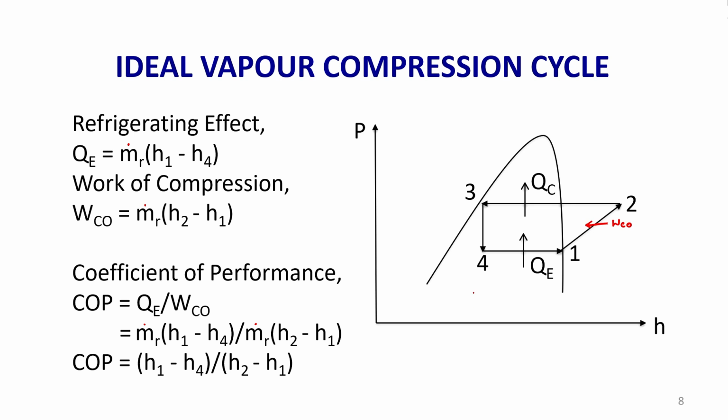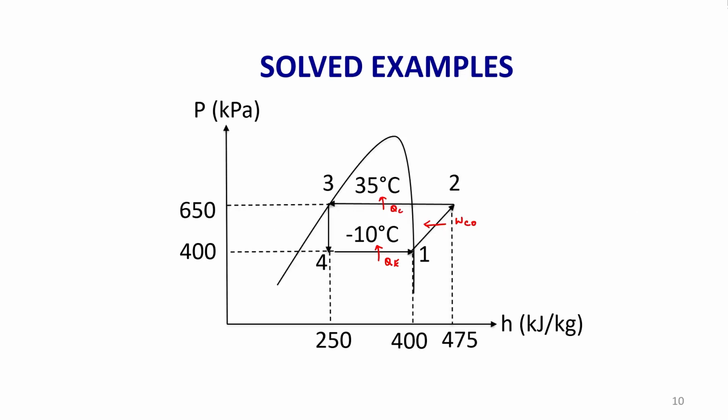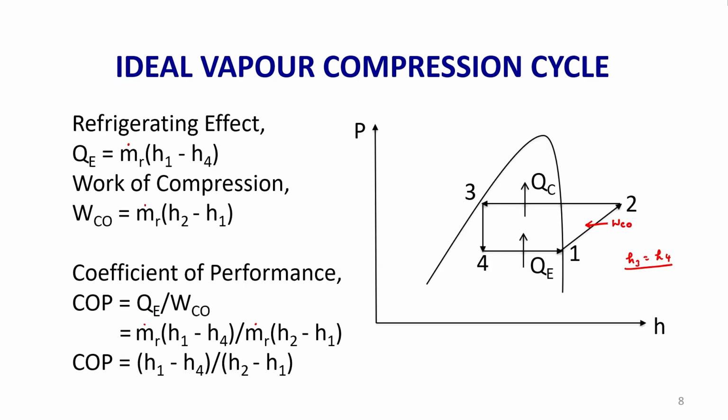So, enthalpy at 3 is equal to enthalpy at 4, that is the expansion process, an isenthalpic process. Once we know the enthalpy at 3, that is equal to the enthalpy at 4.